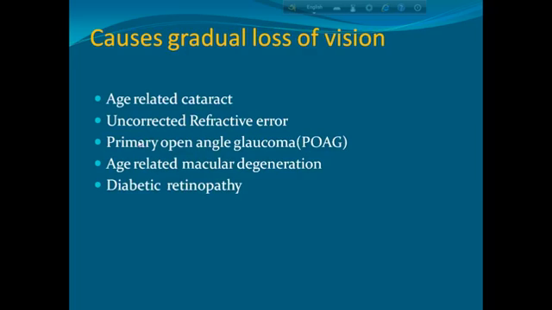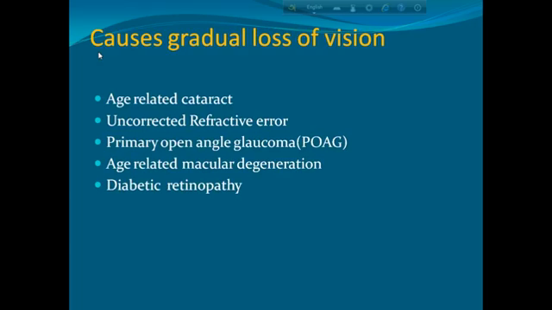In age-related cataract, if you do cataract surgery, vision is improved. This is reversible loss of vision. With refractive error, if you correct the error, vision will improve. But primary open angle glaucoma, age-related macular degeneration, and diabetes are irreversible losses of vision.